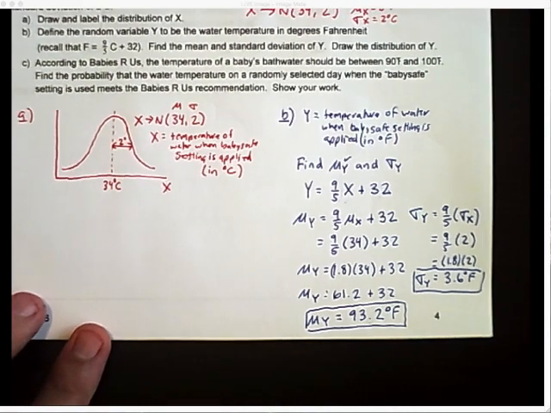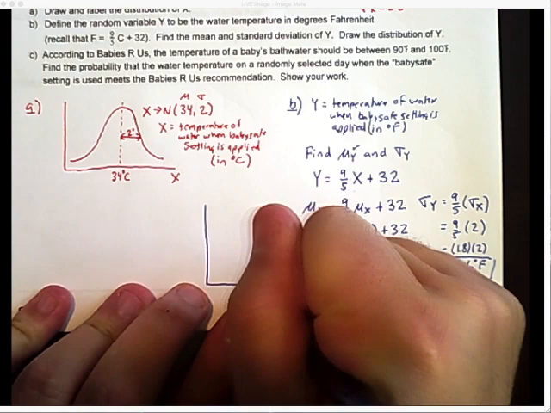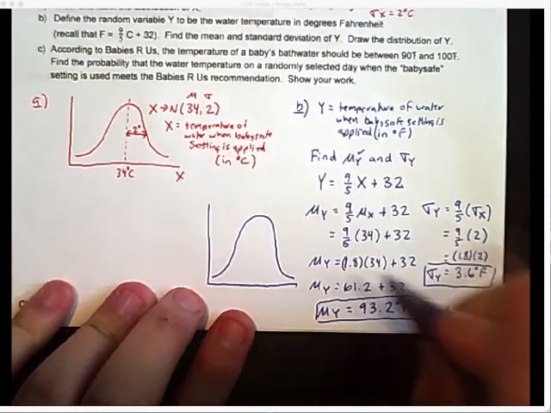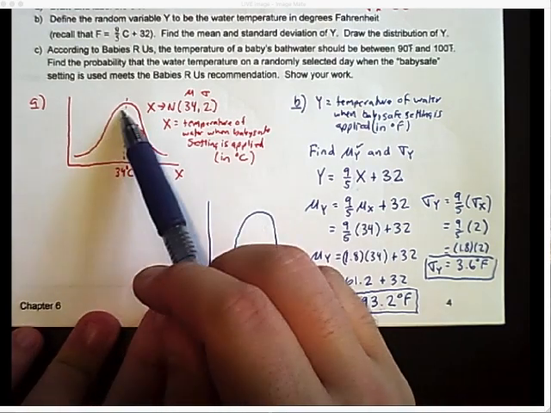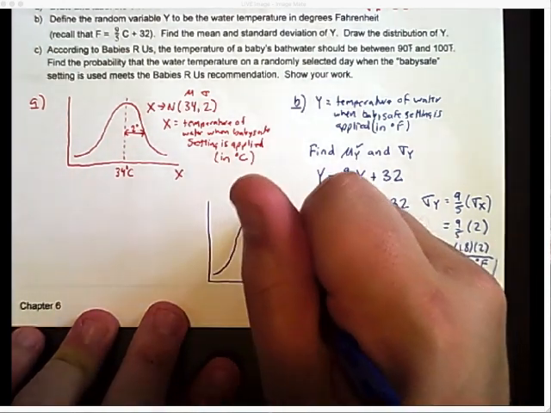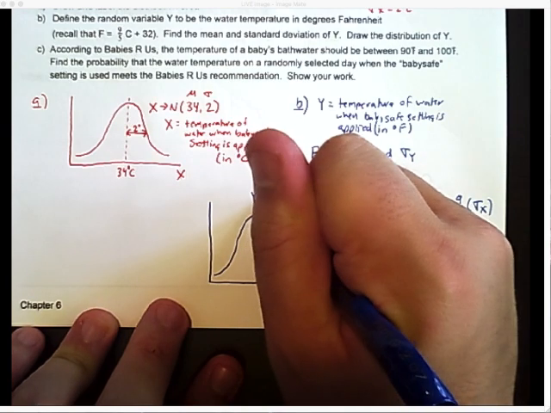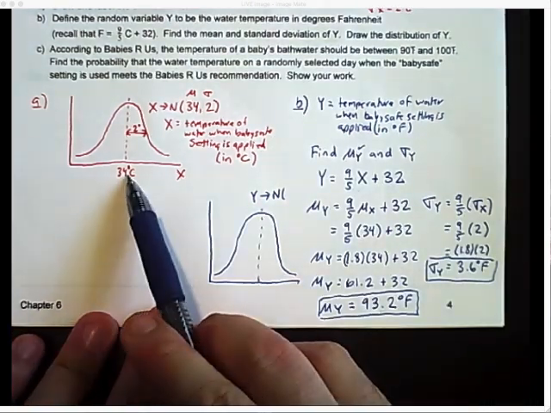Now it says draw the distribution. So how would I draw the distribution? Well, it's going to be normal as well, because when we add or multiply, it doesn't change the general shape. So if x was normally distributed, guess what? Y is also normally distributed. Its center was 34 before.